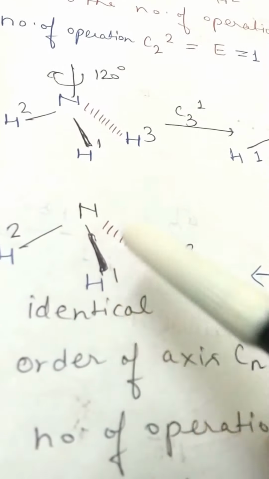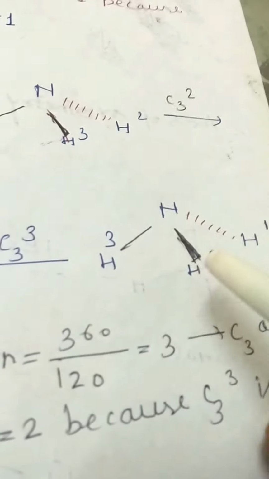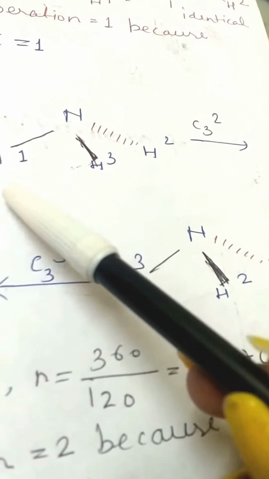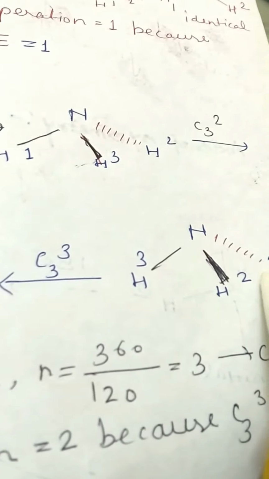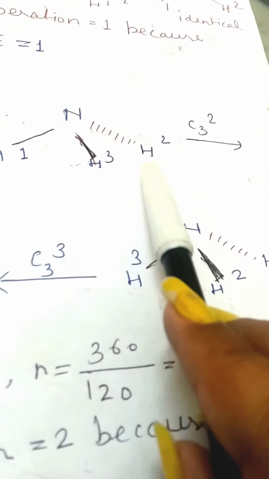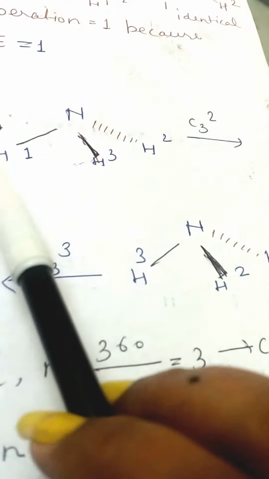You can see, as I told you, hydrogen 1 has gone to the place of hydrogen 2 here, and hydrogen 2 has gone to the place of hydrogen 3 here, and hydrogen 3 has gone to the place of hydrogen 1.